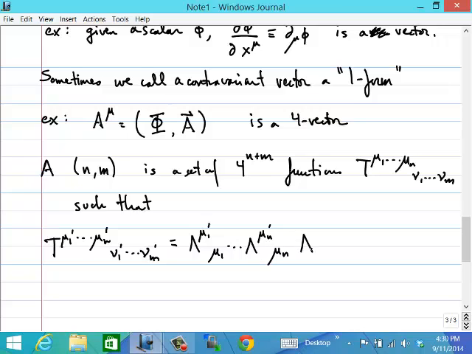And then for each lower index, we get one of those inverse Lorentz transformation matrices. And here I'm taking advantage of the notation where the primes denote different indices to make my notation a little bit more compact. And I'm using Einstein summation notation again. So here there are n plus m indices that are going to be summed over.